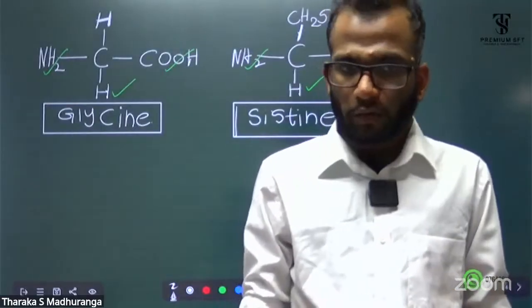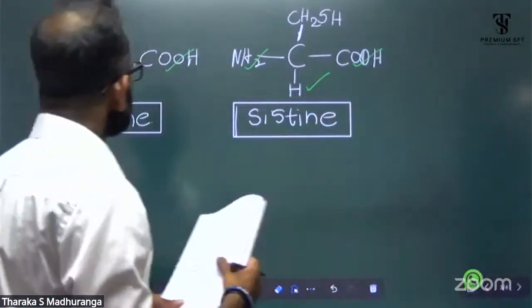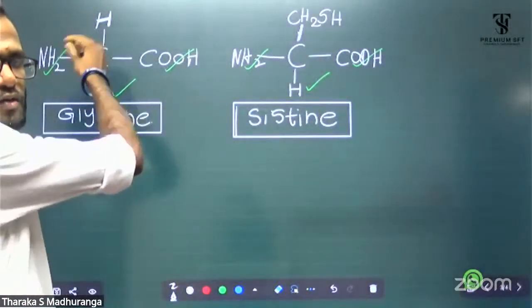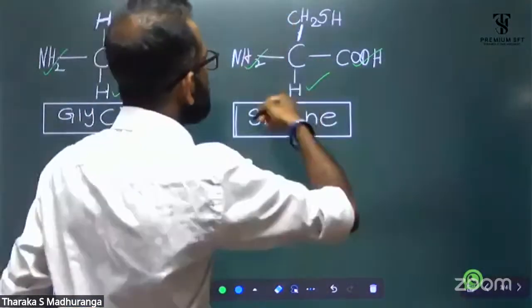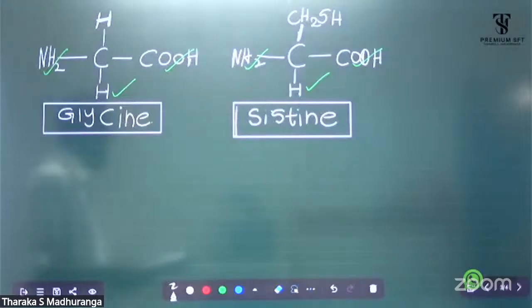Different types of amino acids. The first one is glycine. Draw the structure of glycine in the front box. The second one is cysteine. Draw the structure of cysteine in the front box.